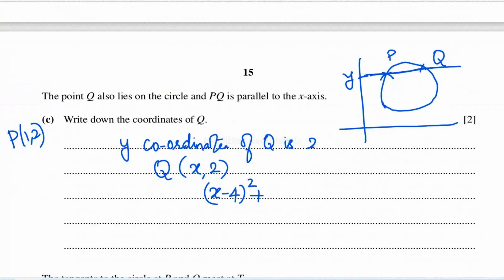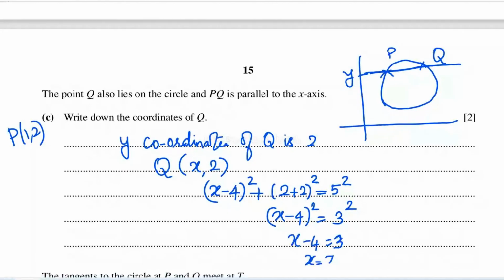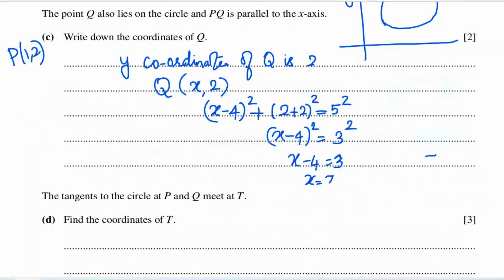So instead of y we will write 2 plus 2 the whole square equal to 5 square. So x minus 4 the whole square equal to 25 minus 16, which is nothing but 9. I'll write it as 3 square. So x minus 4 is equal to 3. So 7 comma 2 is the coordinate of Q.